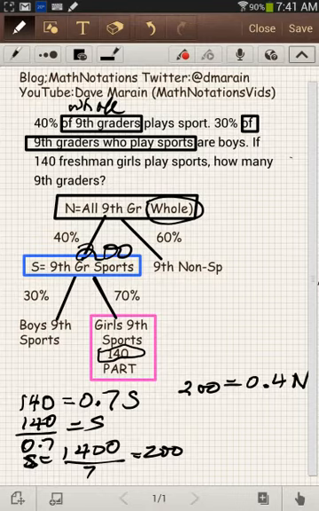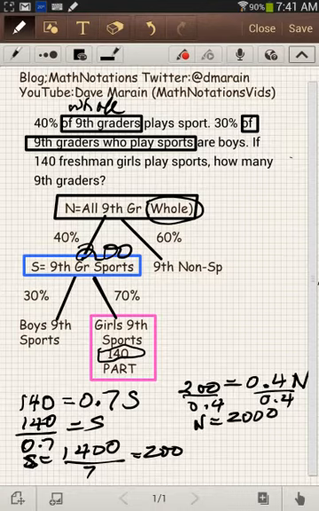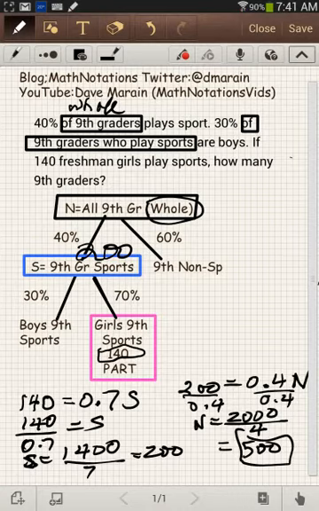Again, divide both sides by 0.4. So N equals 2000 over 4, using good skills so that we don't have to rely on the calculator, and the final result is 500. Pretty straightforward, but we also know that there are so many other approaches.